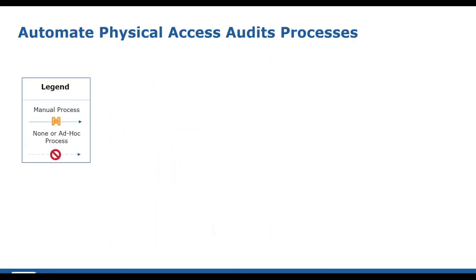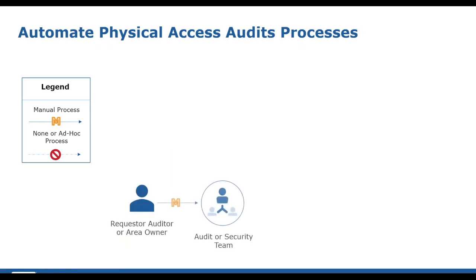And on top of that, when it came time to audit the access requests, it was very difficult for the auditors. So an auditor would have to come in, make an audit request to the security team, the audit security team that was often central. That audit security team would then have to make another manual request to the building for the access report.